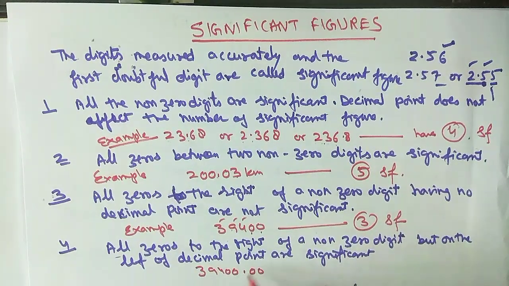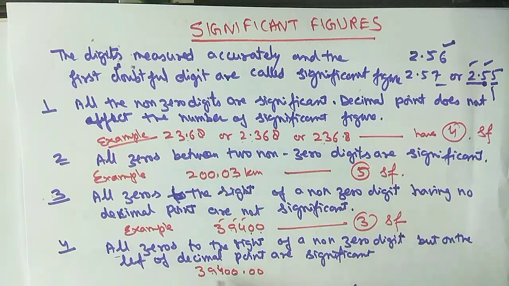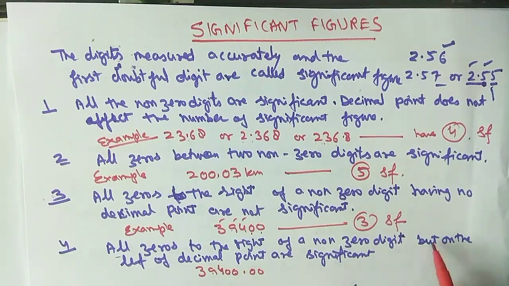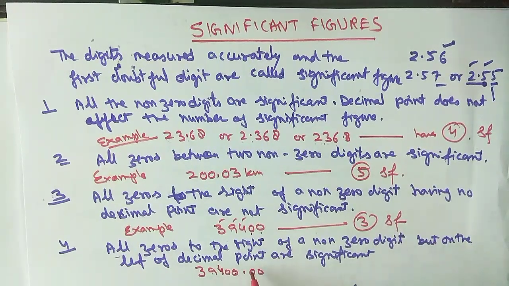Suppose 39400.0. So how many significant figures are here? 1, 2, 3, 4, 5, and these will not be considered as significant figures. All the zeros to the right of the non-zero digits, but on the left of the decimal point, are significant.